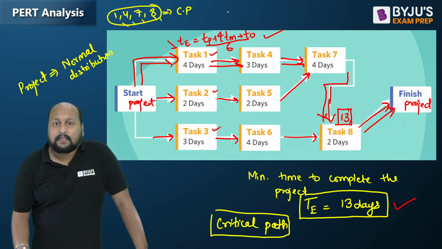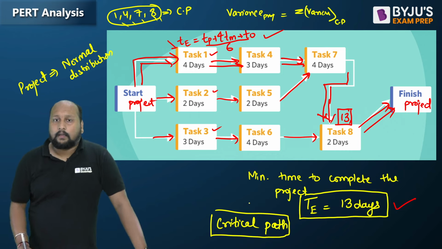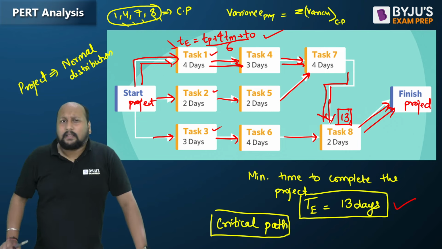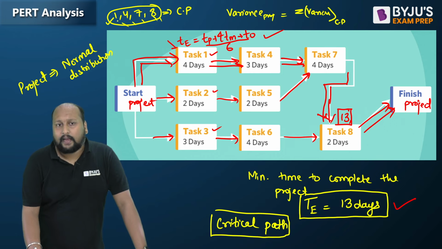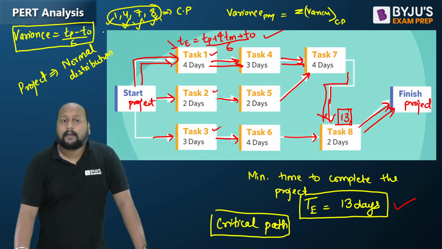The variance of the project will be equal to the summation of the variance along the critical path: variance of activity 1 plus variance of activity 4 plus variance of activity 7 plus variance of activity 8. The variance for an individual activity is pessimistic minus optimistic divided by 6.